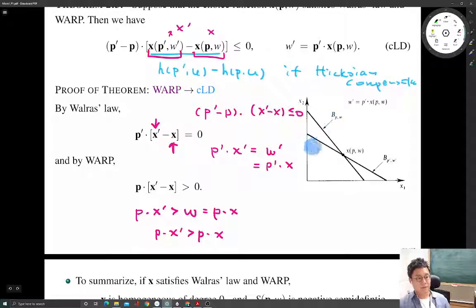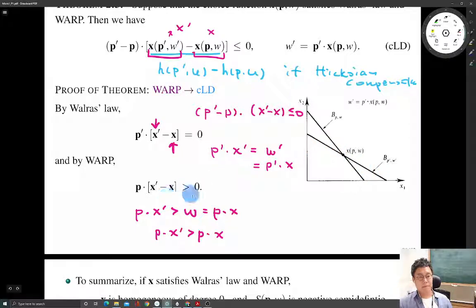From this figure, this is a budget set under price vector p. And this is a new budget set under price vector p prime. So (x prime minus x) dot p prime is equal to 0. That means x prime must be on this budget line by Walras law, because the actual choice made by the consumer when the price vector is p prime should be on this budget line.